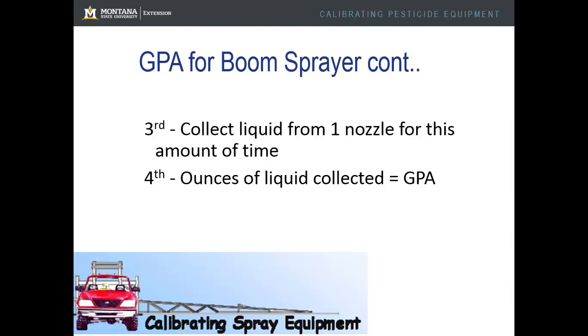Next, you should collect liquid from one nozzle for the average time it took to drive that test strip. In this example, it took 90 seconds to drive the test strip, so you should collect liquid from one nozzle for 90 seconds. Finally, the ounces collected from that one nozzle equals the gallons per acre output of the sprayer. In this example, you collected 20 ounces, so your equipment is delivering 20 gallons per acre.